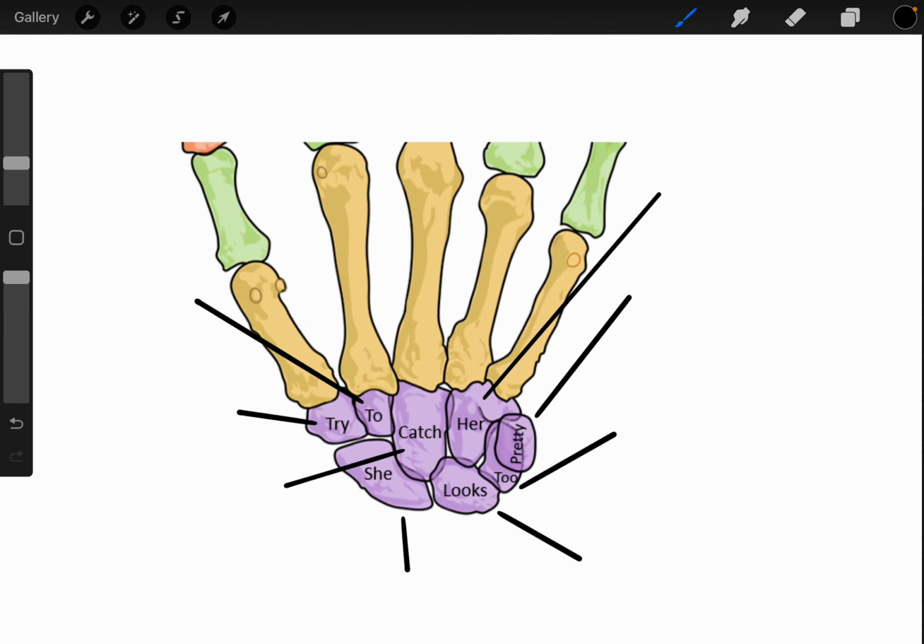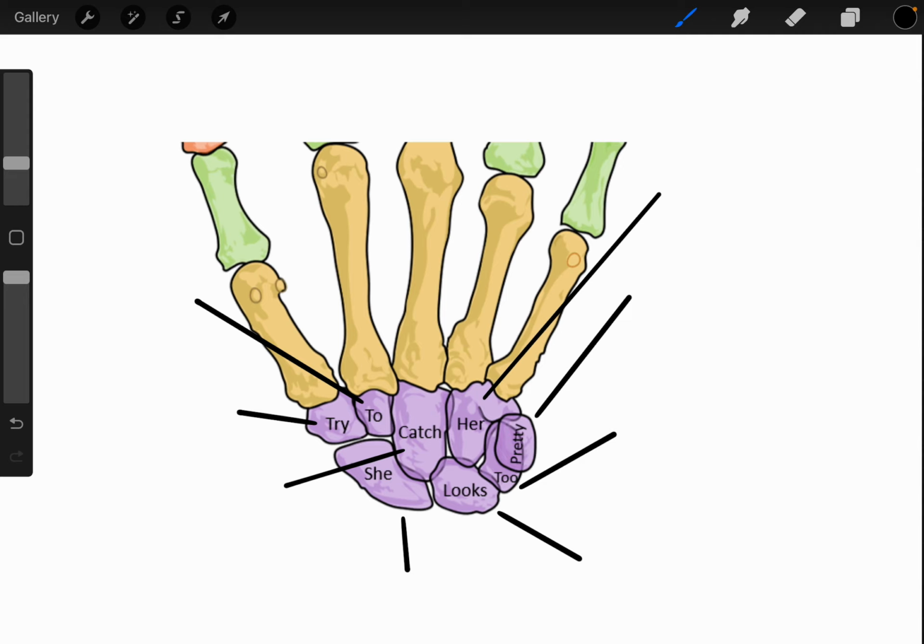A mnemonic simply allows you to come up with a sentence where the first letter of each word leads you to what the bone would be. So in this case, you can see the mnemonic listed with the carpal bones, and then we're going to go through and make sure we can label out the correct names.